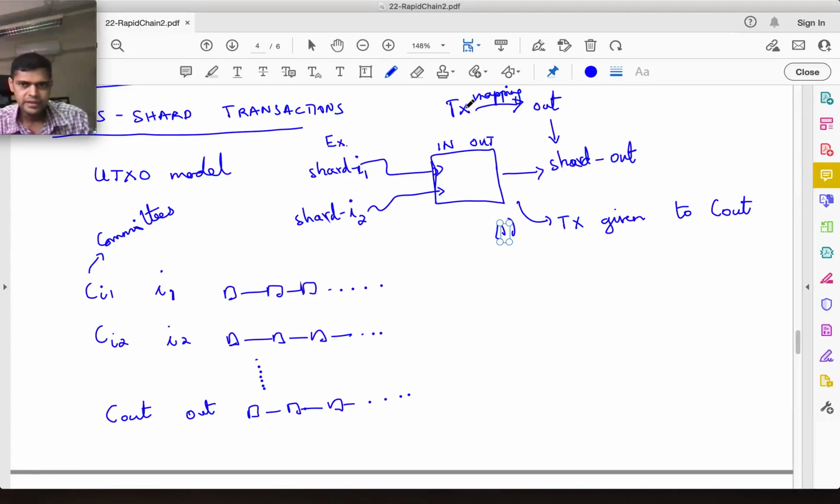Okay, so suppose we take the transaction ID, so that the person generating this transaction knows which committee to give this transaction to, right? And of course he's using money from some transactions which are already there in the blockchains, and they happen to be in shards I1 and I2. So this transaction is given to C out by the creator of the transaction.